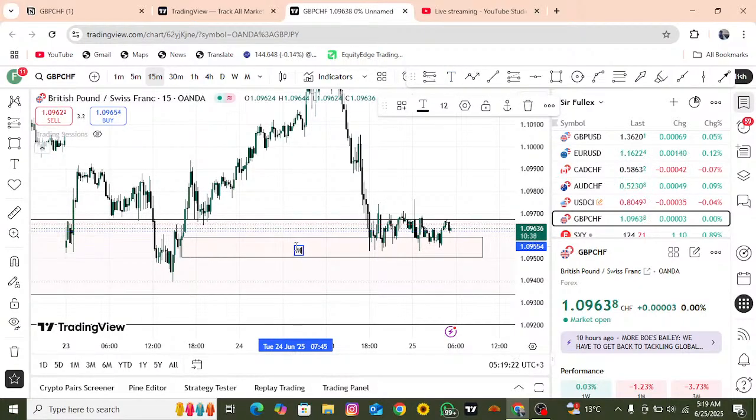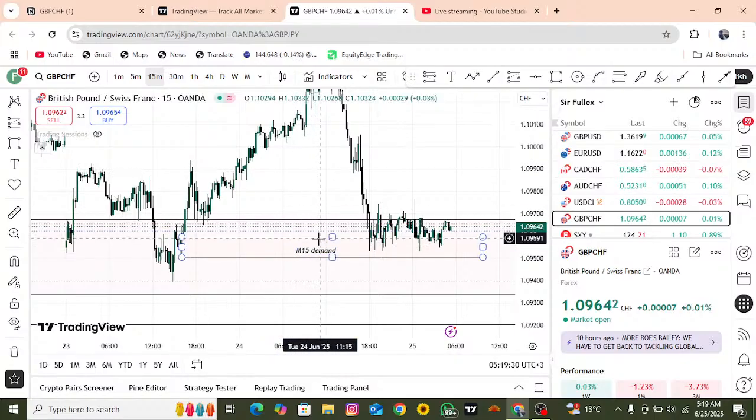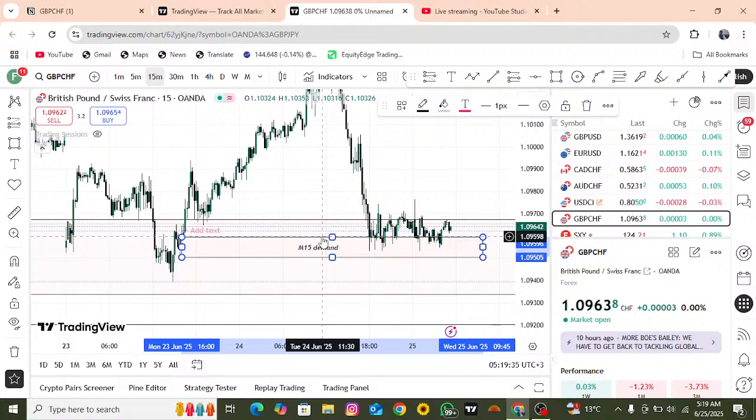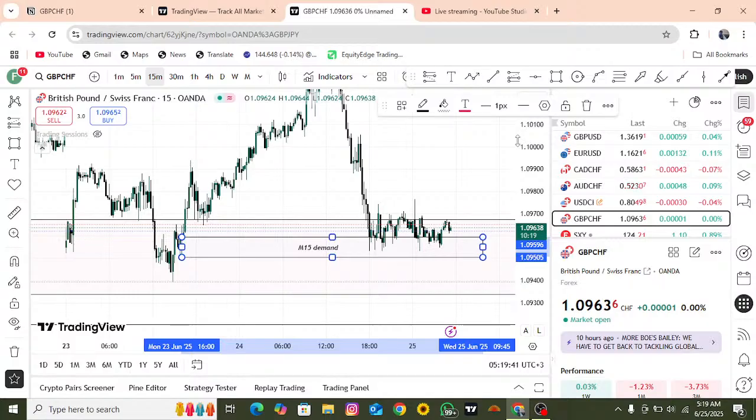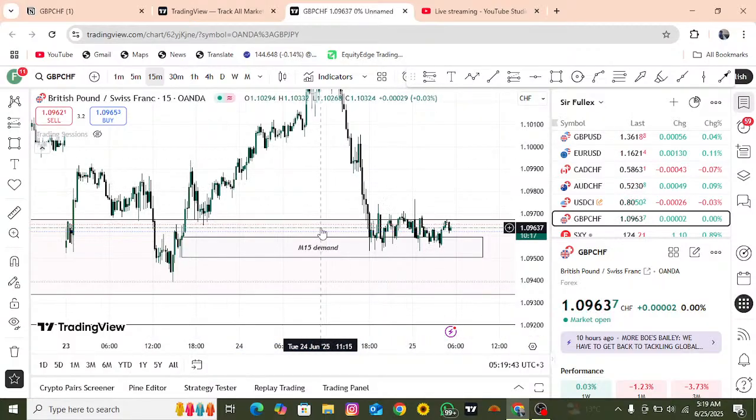M15. This M15 demand zone. Let me put it like that.